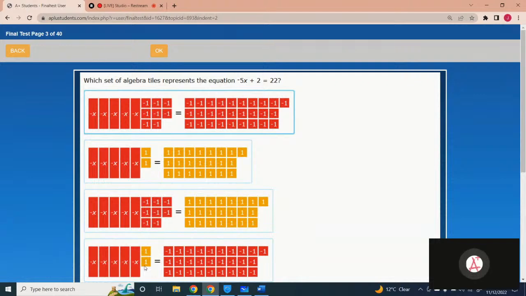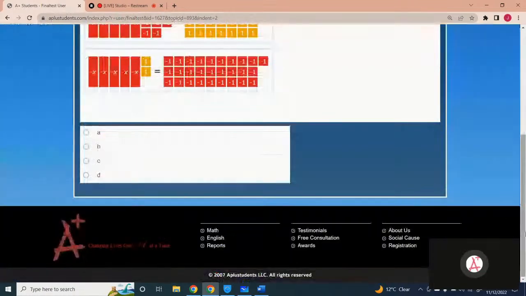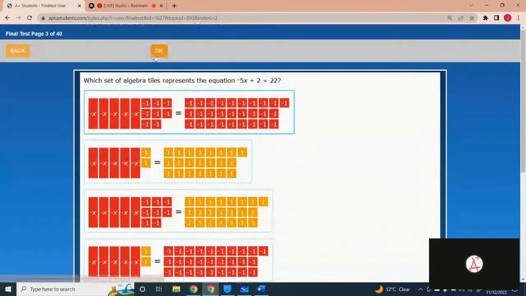Then you have 2 tiles for 2, and then the 2 is a positive number. 1, 2, 3, 4, 5. Yes, it is negative 5. Then you have negative 5x plus 2, and then this one is a positive 2. Got it? So option number B is the correct option. Just select the correct option and click on the OK button.